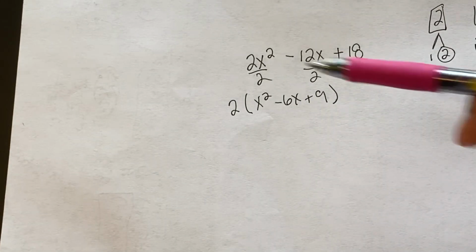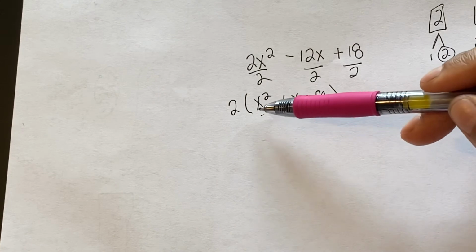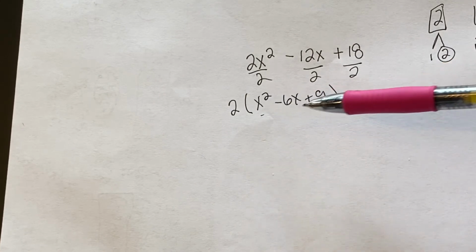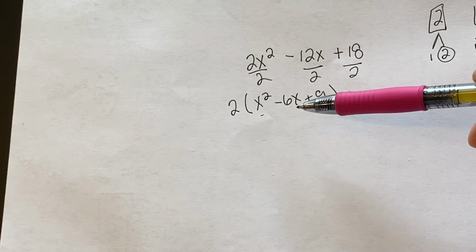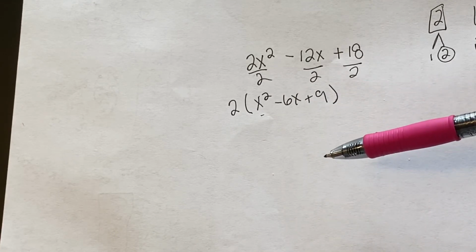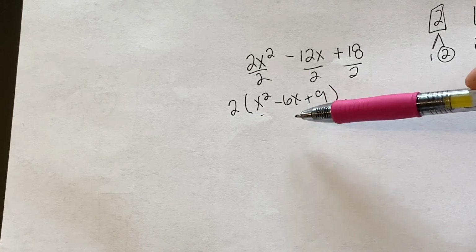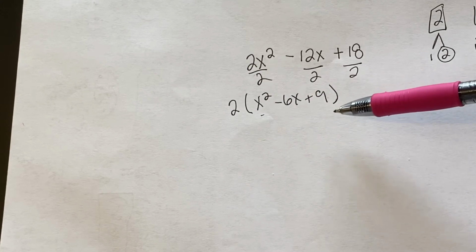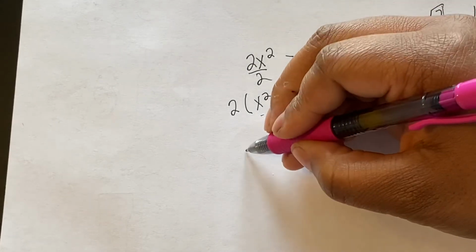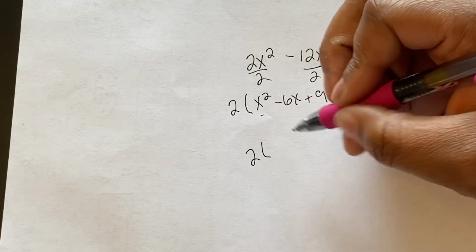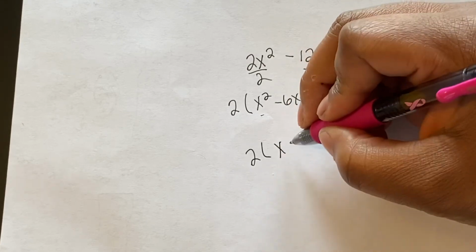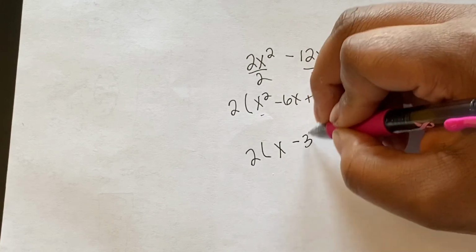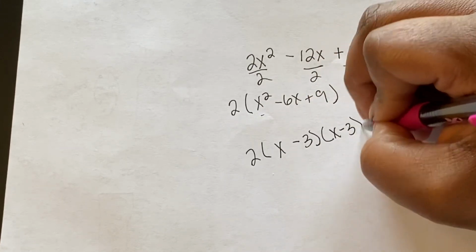Now, what I have left is a trinomial where the a term is equal to 1. It's the same trinomial we factored on the other paper. So I would now use those same steps when the a term is equal to 1 to factor this out. And when I do that, I would get the answer 2 times x minus 3 times x minus 3.